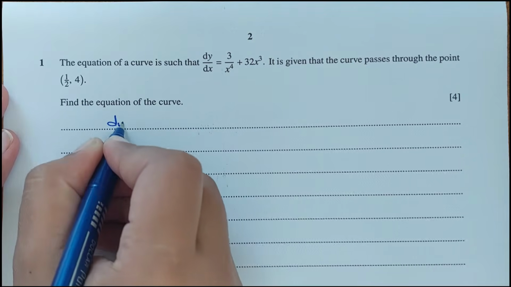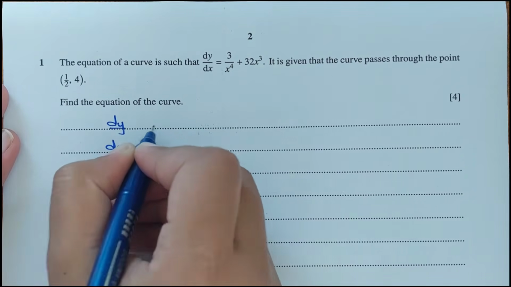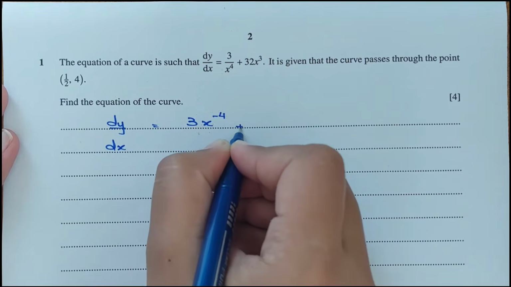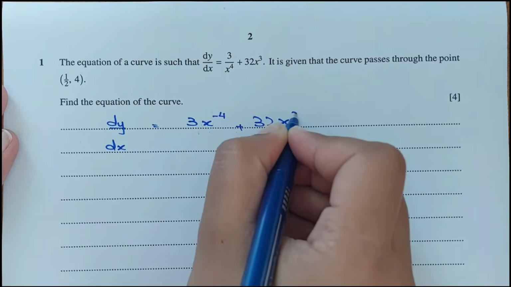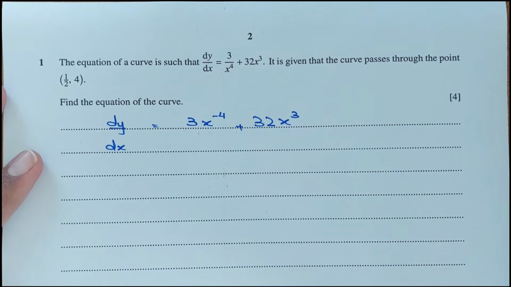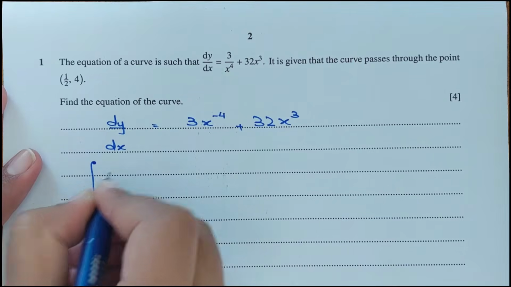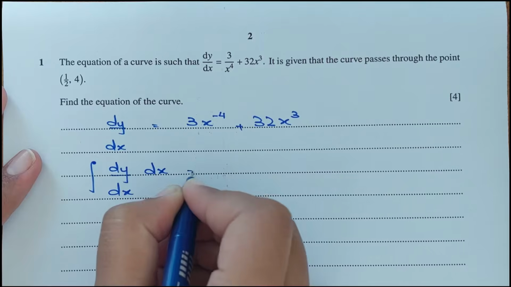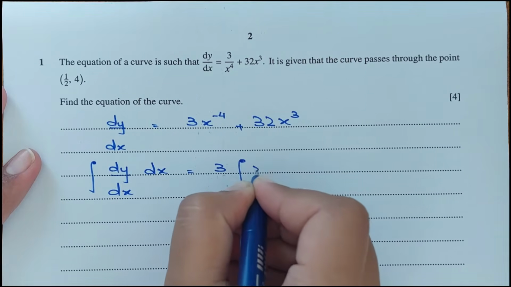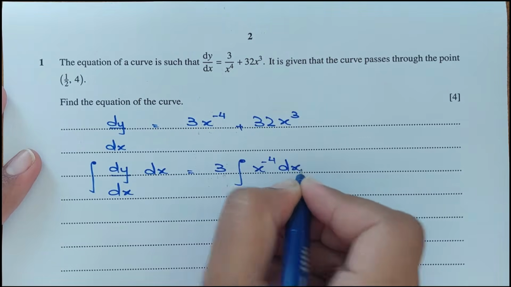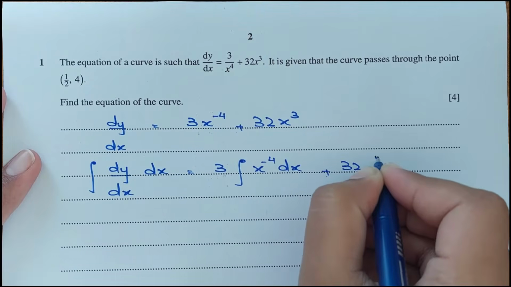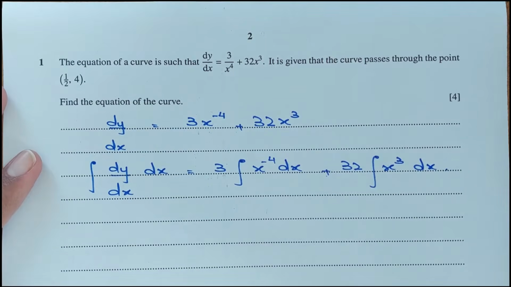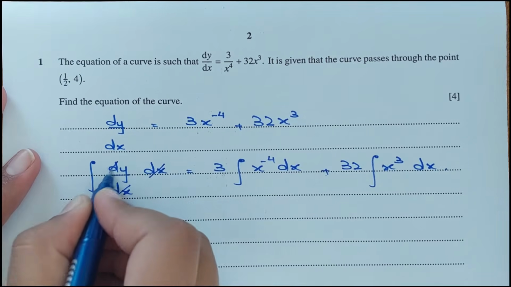Okay, so the first derivative we have is dy/dx equals 3x^(-4) plus 32x^3. To find the equation of the curve we have to integrate both sides, dy/dx with respect to x. 3 is outside, integration of x^(-4) dx, plus 32 is outside, integration of x^3 dx. The dx cancels with the derivative and integral.